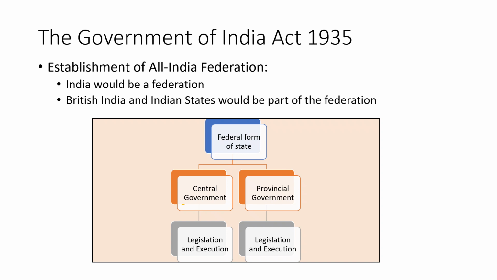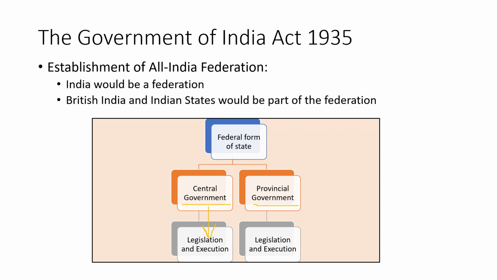There is a government at the center and the separate units that we call provinces, they do have their government also. There's a provincial government also. The central government does legislation and execution of the subjects that are of common interest to the entire country.